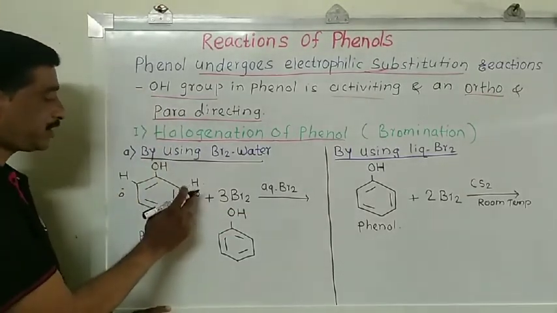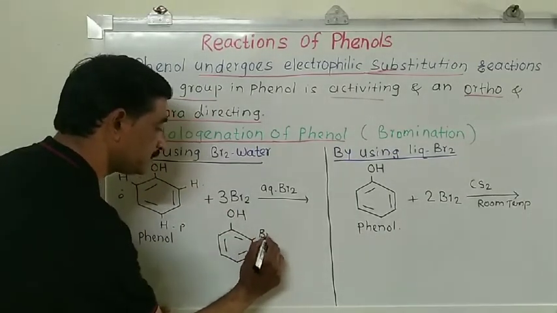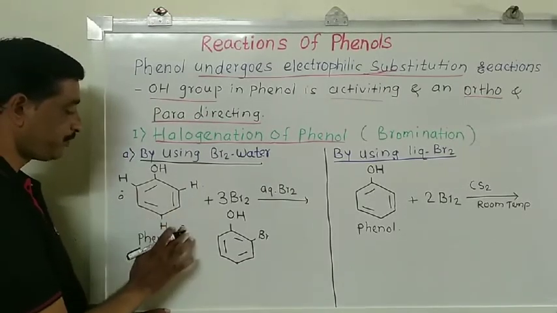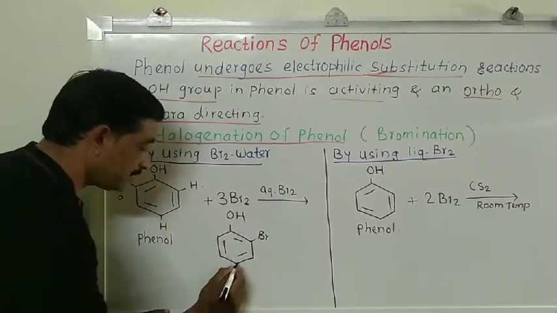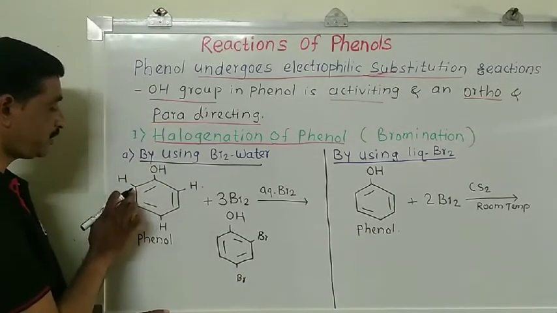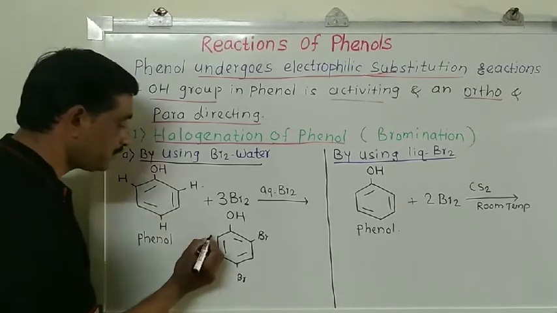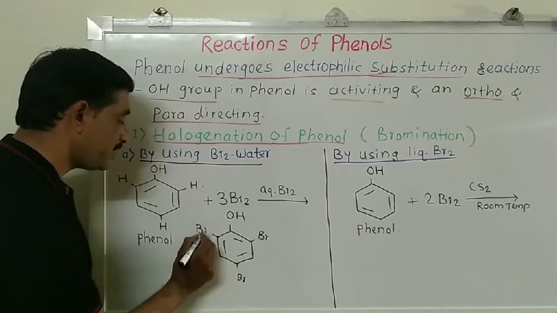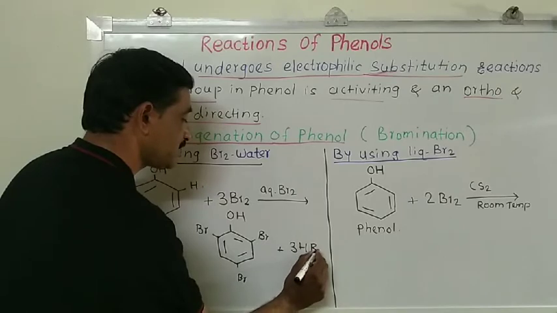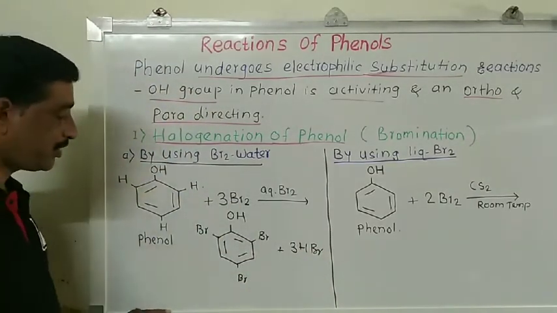Now a hydrogen atom from this ortho position is replaced by bromine. The second hydrogen from the para position with respect to the OH group is also replaced by a bromine atom, and the third hydrogen atom, adjacent to the OH group at the other ortho position, is also replaced by bromine. The 3 hydrogens from these 3 positions combine with the remaining bromine atoms and form hydrogen bromide.